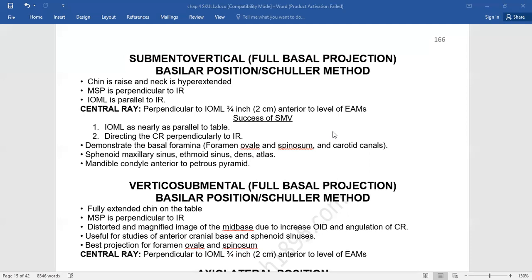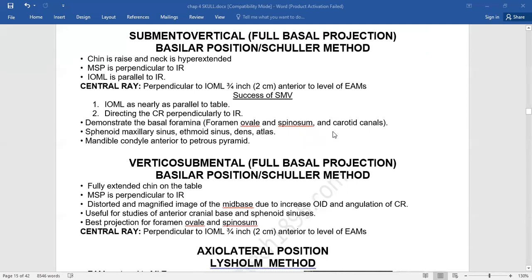You can say the procedure is a success with this criteria. First, the IOML is as parallel to the table as much as possible, and the central ray is perpendicular to the IR.